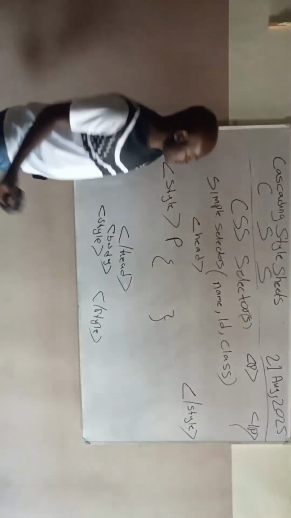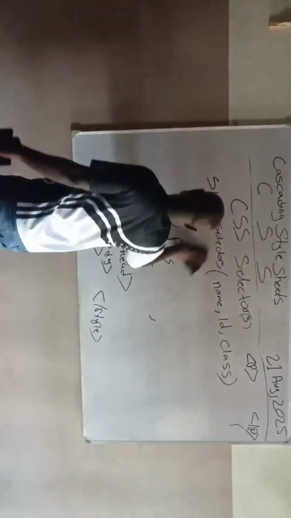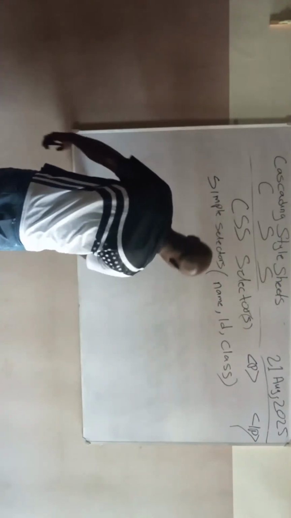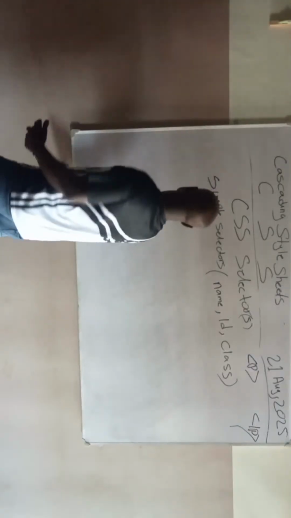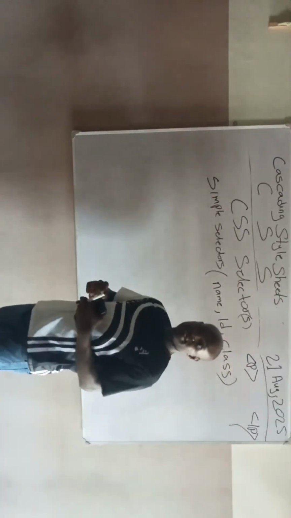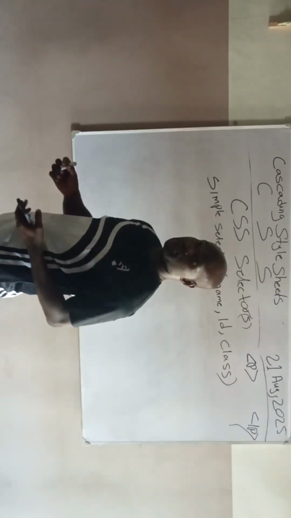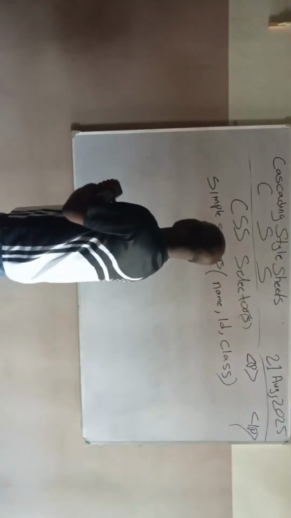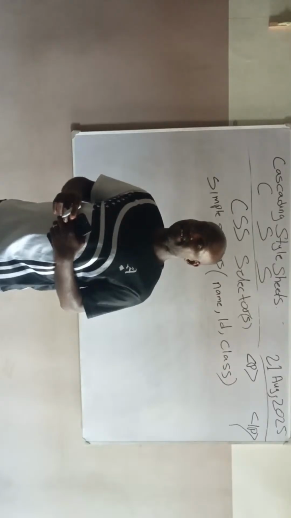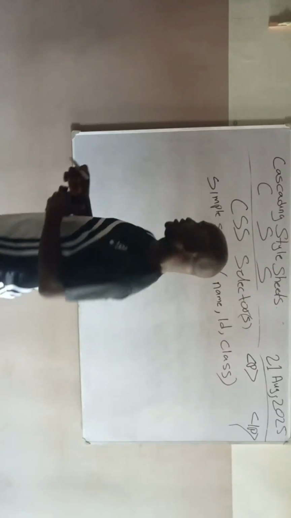Having understood that, everything we're now doing goes inside the style element. Remember, we are coming to names. Every element has its own name. Your paragraph name is P. So if I want all the P in my HTML web page to be red color, this is what I will do.